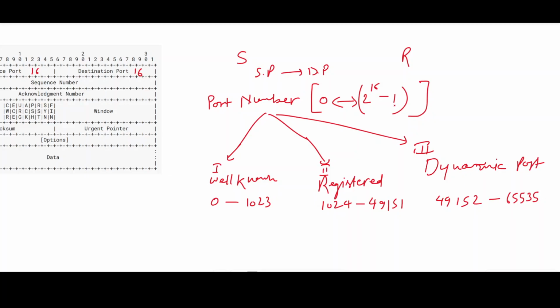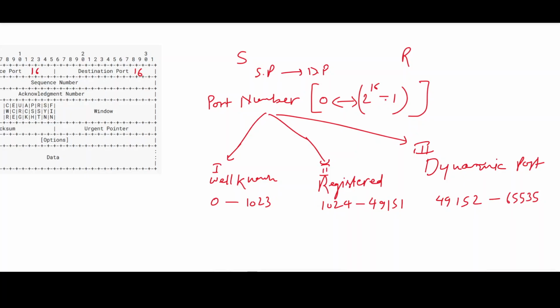This is very helpful, and every binary number you will understand in upcoming classes, because at the network layer we generally use IP addressing, which is a collection of 2 power 32, and there we will tell you about subnetting, supernetting and IP addressing. Then you will be able to understand this point.